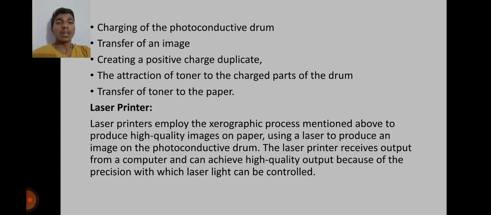The third application is the laser printer. The laser printer employs the xerographic process mentioned above to produce high quality images on paper. Using a laser to produce an image on the photoconductive drum, the laser printer receives output from the computer and can achieve high quality output because of the precision with which the laser light can be controlled.